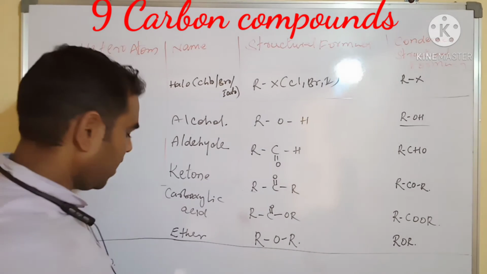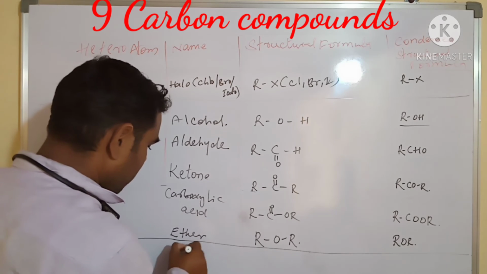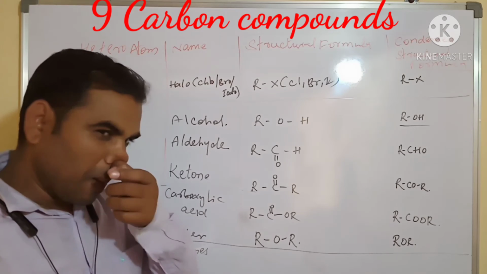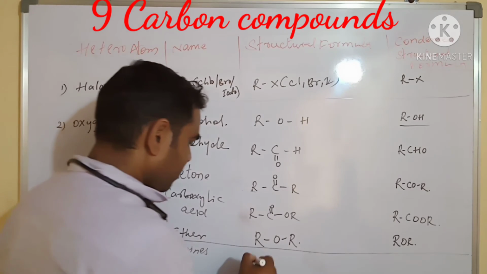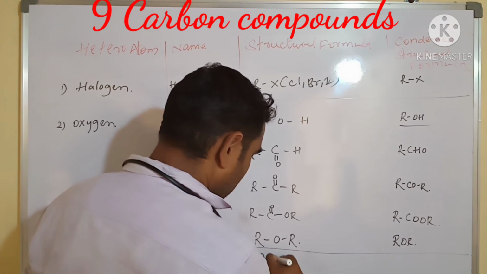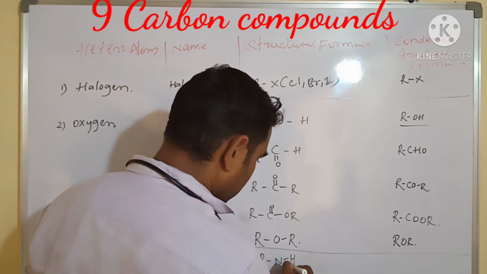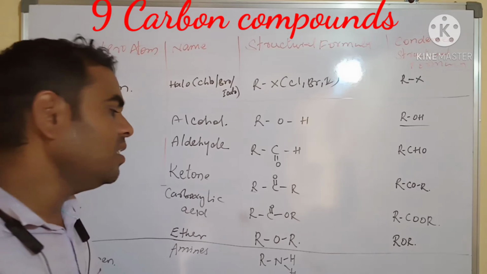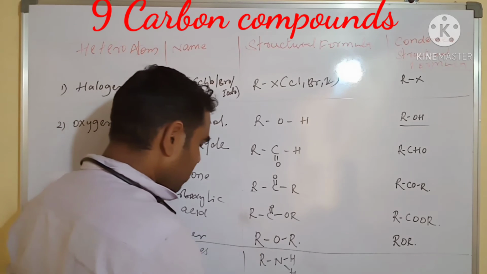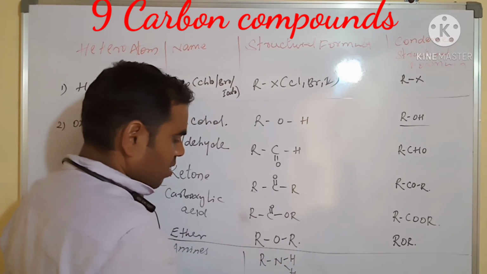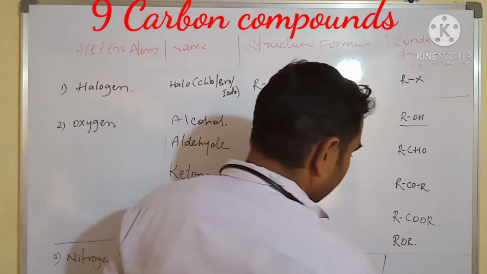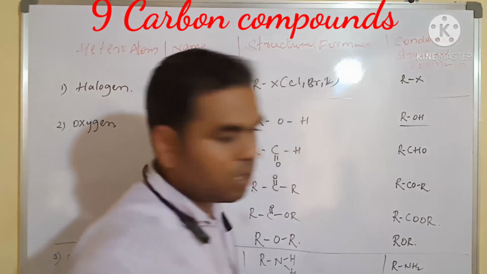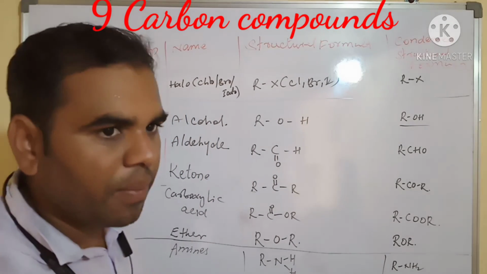Here we call them amines. What is the valency of nitrogen? Nitrogen's valency is 3. One bond is to the alkyl group, so we write RNH2. This is an alkyl amine.